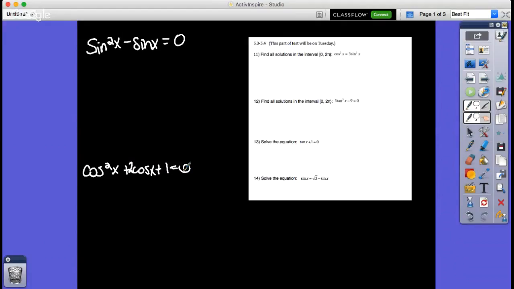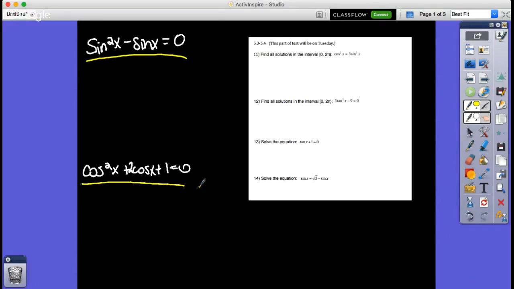Now, when we come to a problem like this, we're first trying to factor, aren't we? That's the goal. Everything's got to be on one side, but is there something I could take out of both of these?